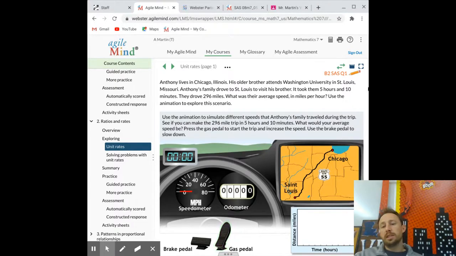So it says that it's going to take them 5 hours and 10 minutes to drive this amount of miles. So how fast do you think they were driving? Does anybody have a guess? Because we're going to have to use that gas pedal and see if we can get it close to 5 hours and 10 minutes.